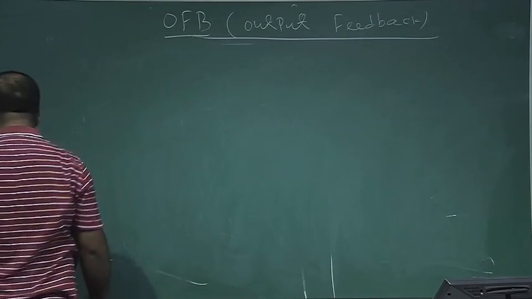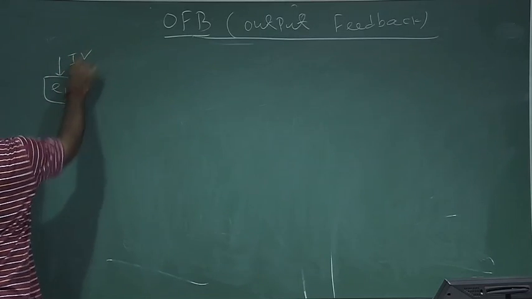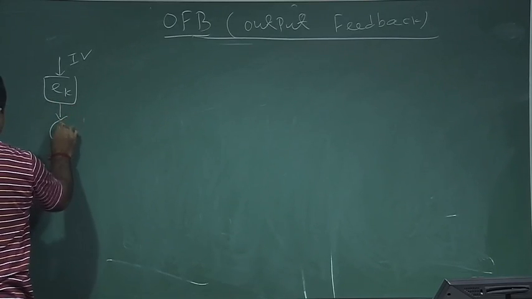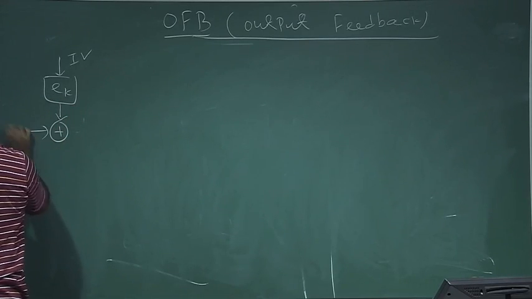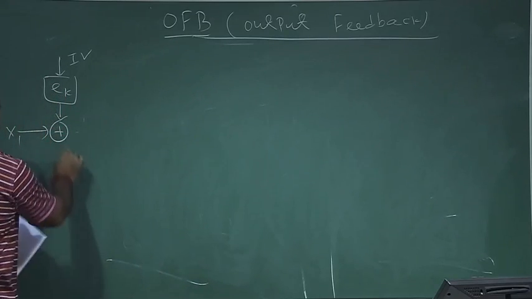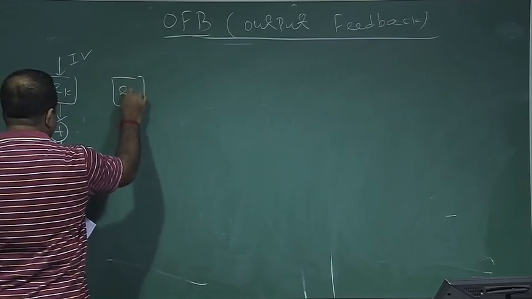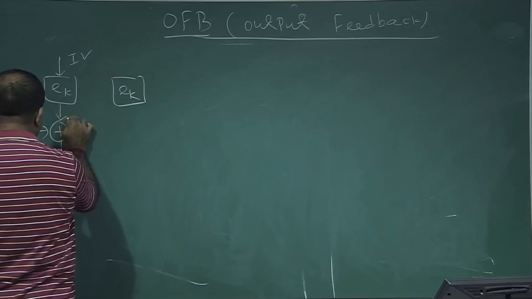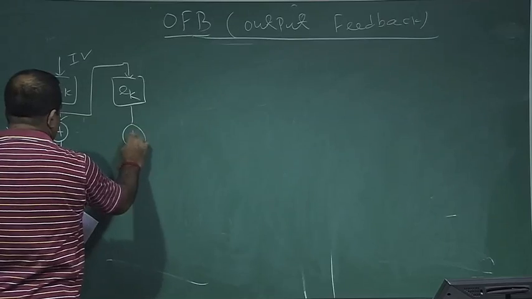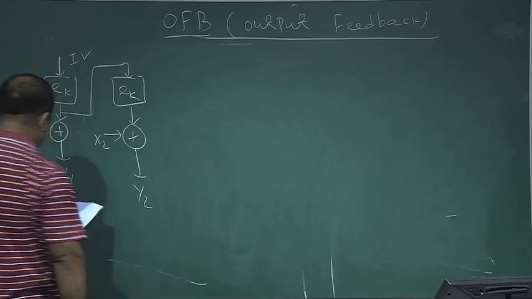Okay, so encryption is basically we have this IV, using the same key we are encrypting it. So, this we are XORing with the plain text X1, and we are getting the Y1, and here this encryption we are taking this and this we are XORing with X2, and this is our Y2 like this.